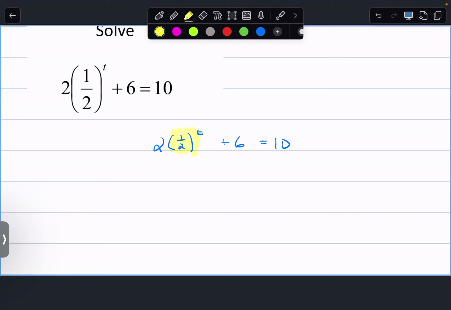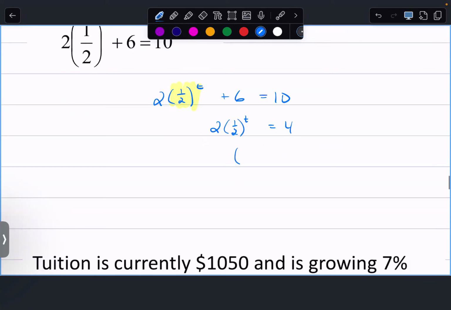So everything else has to be moved over to the right-hand side. And so I'm going to have 2 times 1/2 to the t is 10 minus 6, which puts me at 4. So 1/2 to the t is 4 divided by 2, which I'm going to say is 2.